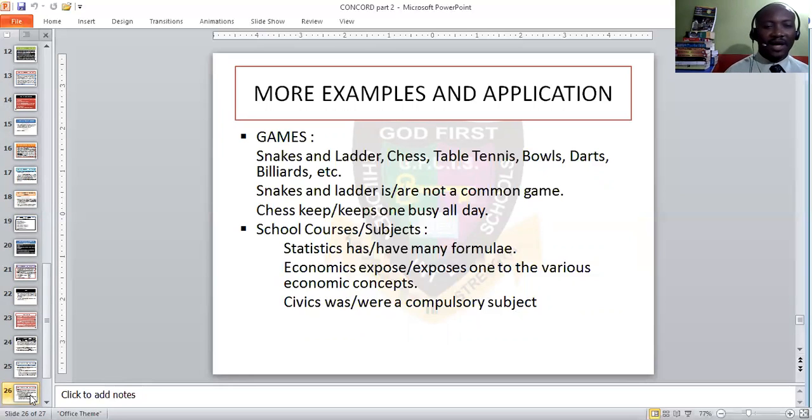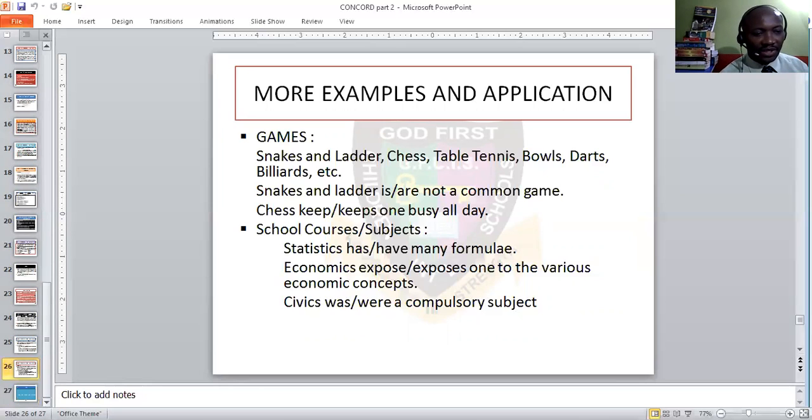Economics exposes one to the various economic concepts. Economics, though it appears plural, exposes, singular. Civics was or were a compulsory subject? Civics was a compulsory subject, possibly back in the days before it came back on board again.